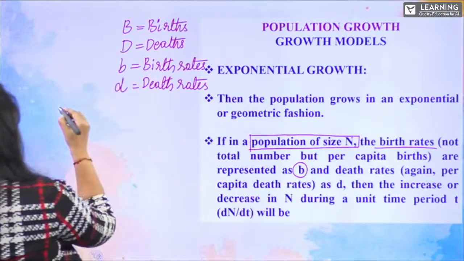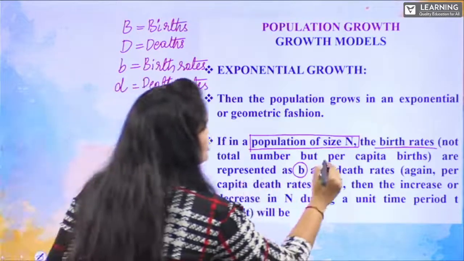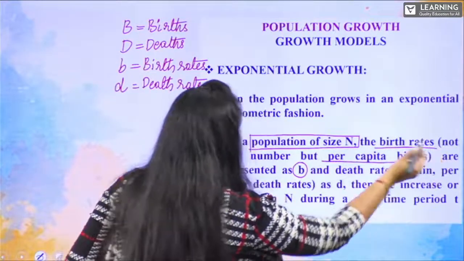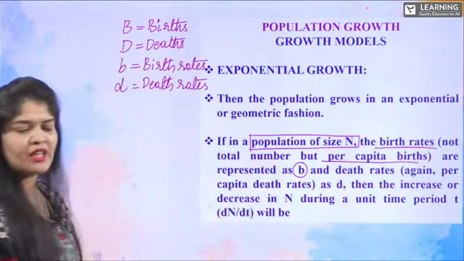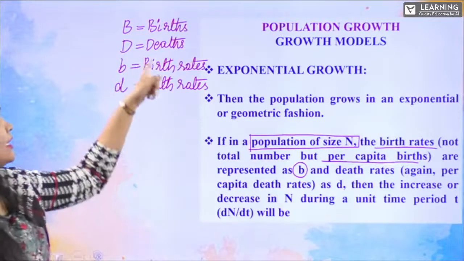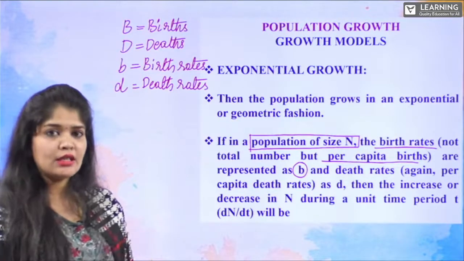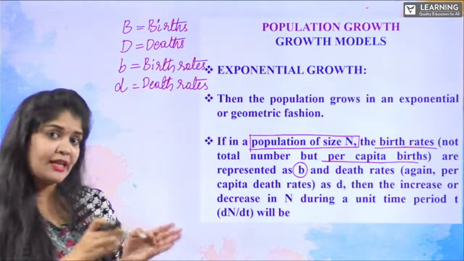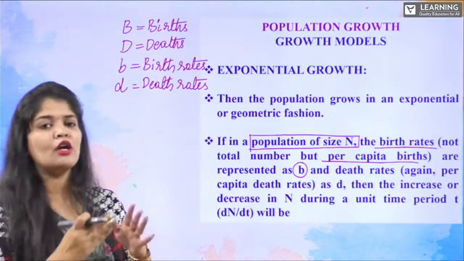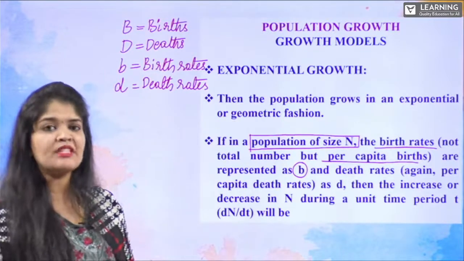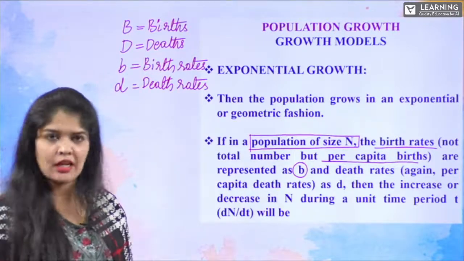Now we are taking into consideration not the total number, as we are calculating the birth rates, where birth rate is equal to number of births divided by total number of the population. That means per capita N, right?